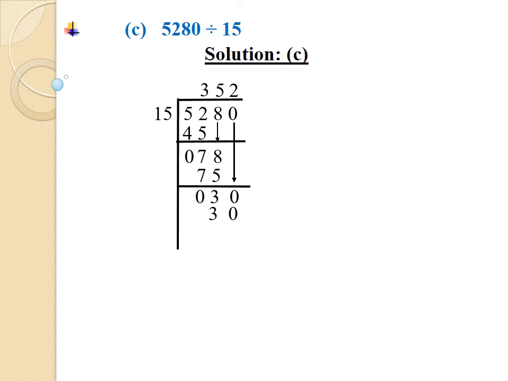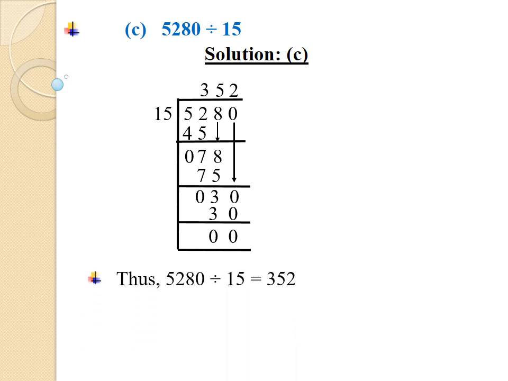Now we have to subtract 30 from 30. Thus subtracting 30 from 30 we get remainder 0 and the quotient 352. Thus 5280 divided by 15 equals to 352.